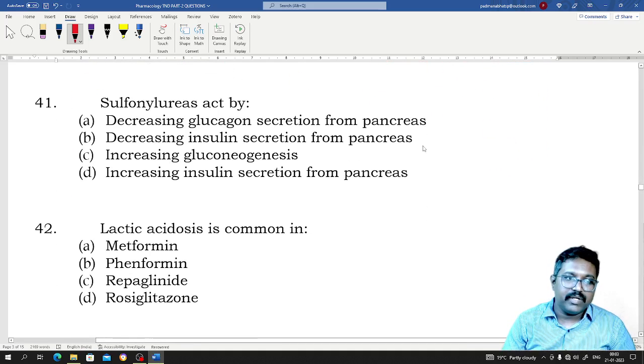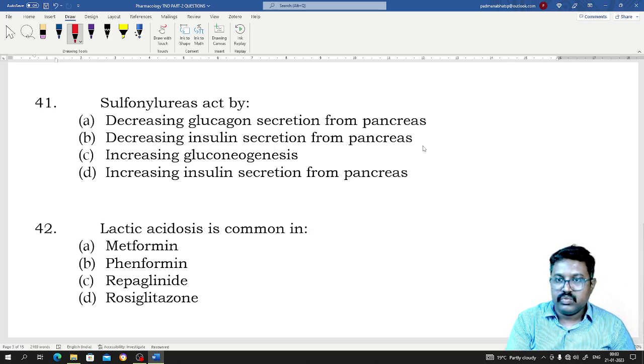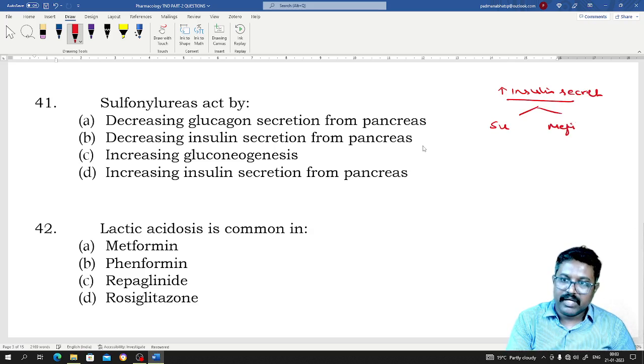So the 41st MCQ, that is, a sulfonylurea acts by. As you know, there are two drug classes which increase the insulin secretion. One is the sulfonylureas and another is the meglitinides. So here sulfonylureas act by increasing the insulin secretion from the pancreas.